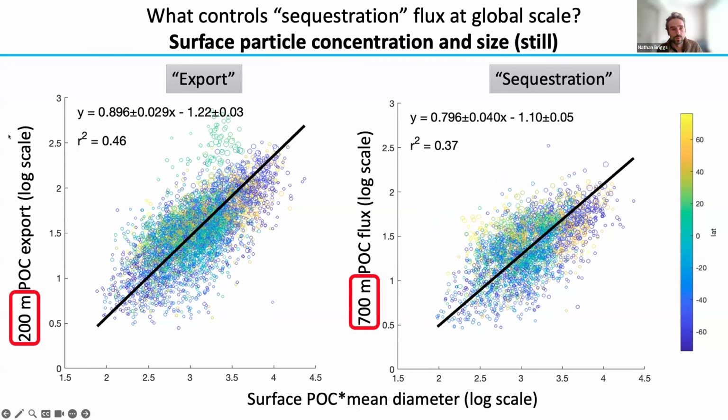And even though the R squared goes down, it's still a pretty good predictor. The surface size and surface concentration of particles in this data set are still a reasonable predictor of a lot of the spatial and seasonal variability in our deep carbon flux.